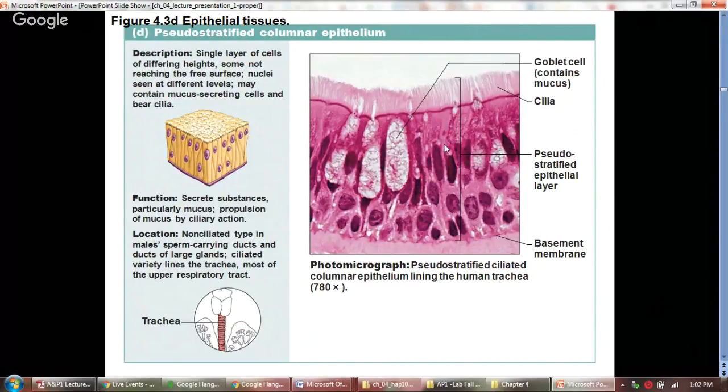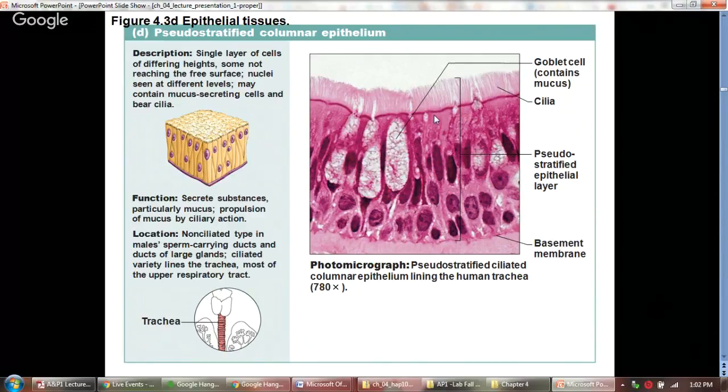If you see a stratified epithelium, you do see the nuclei in different locations. So it looks like a stratified epithelium, but if you look closely, even though this nucleus lies in the cells at the top, this cell lies at the basement membrane.